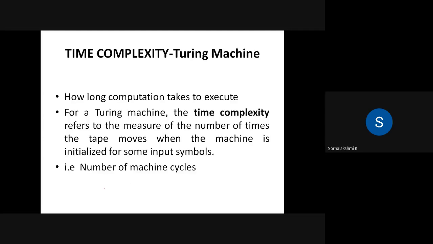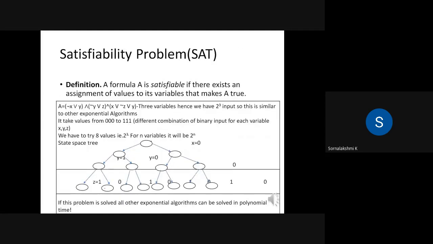So what is the satisfiability problem? The satisfiability problem is like I'll be given a binary equation with binary variables like this. Okay, A is equal to not of x, and with all the binary operations, x, y, and z are variables.